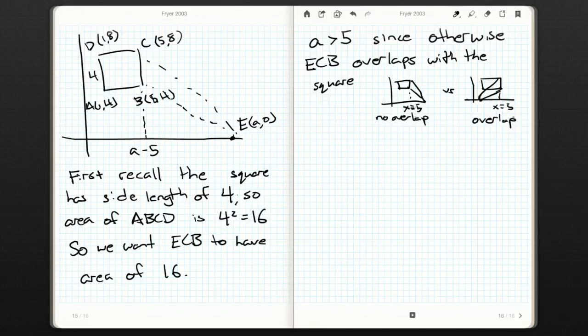So we can pretty clearly see that a minus 5 is going to be a positive value. We can use the same 1/2 base times height. Same technique. We're still going to have the same base, which is CB, which we know is 4 from the last question. And we know we're looking at a minus 5.